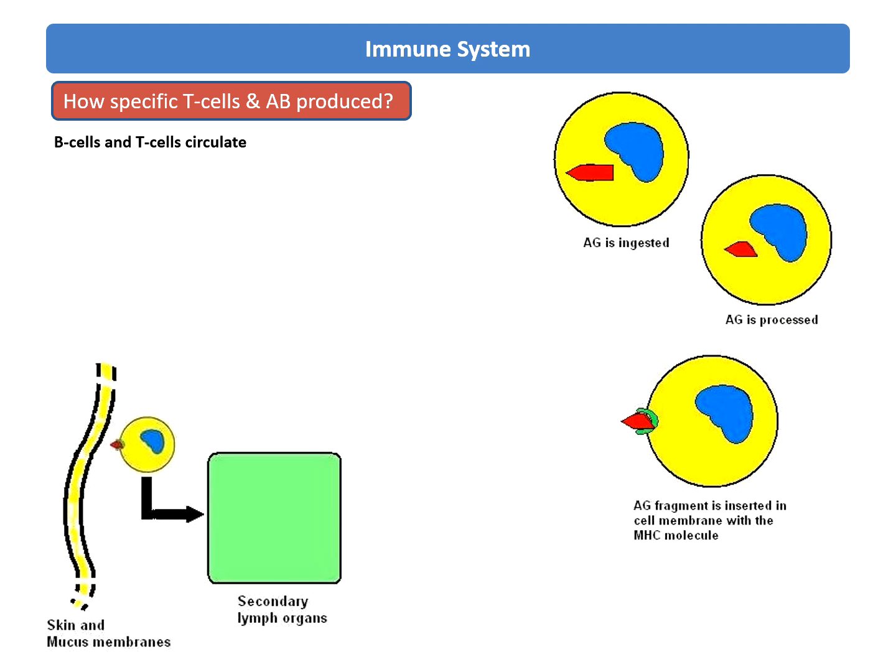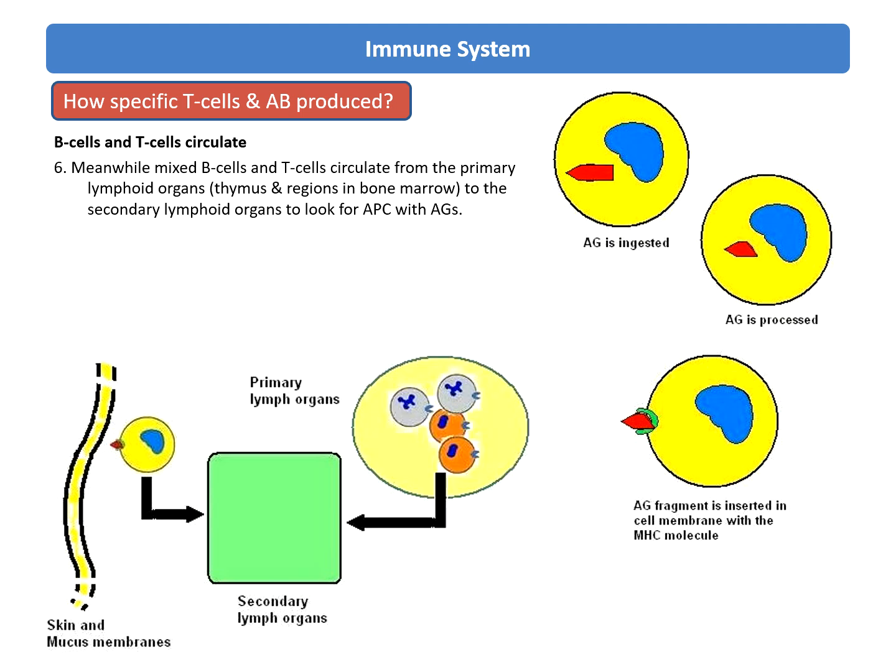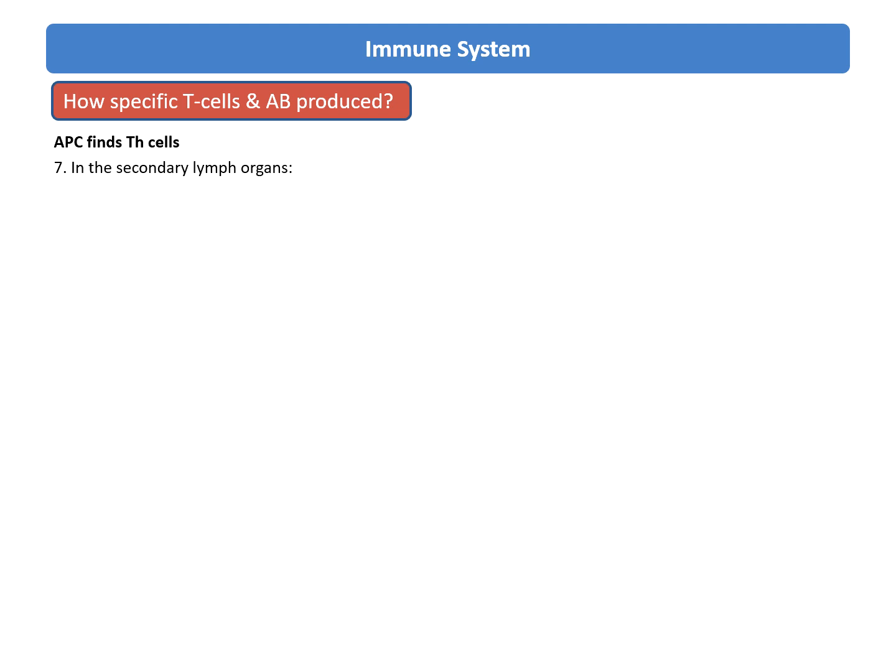T and B cells, meanwhile, are circulating among the primary lymphoid organs, the thymus and the patches in the bone marrow, to the secondary lymphoid organs. They're going there to look for antigen-presenting cells with antigens. Step 7.